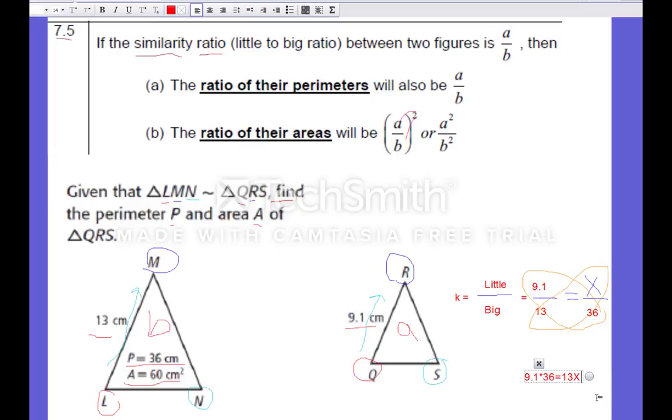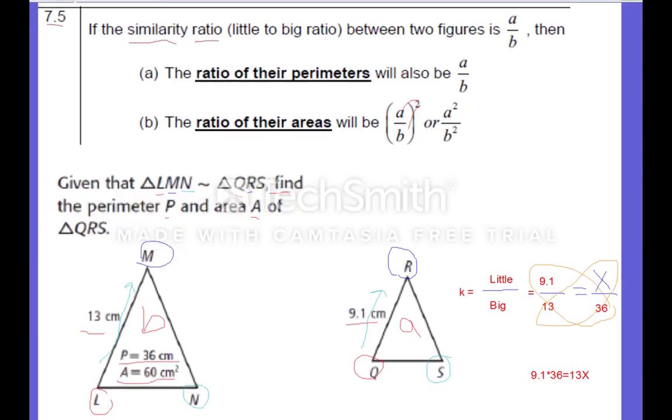Now I've got to isolate my variable, so I'm going to divide both sides by 13, and 13 gets rid of this. Plug it in my calculator: 9.1 times 36 divided by 13, and I get 25.2. So x equals 25.2.